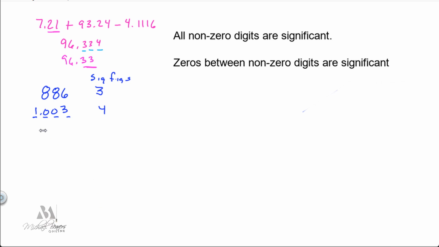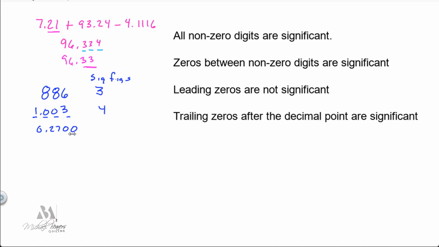Let's take a look at the number 0.2700. Any leading zeros, so the ones on the left-hand side, are not significant if there are no other numbers in front of them. Any trailing zeros on the right-hand side of the decimal place are significant.